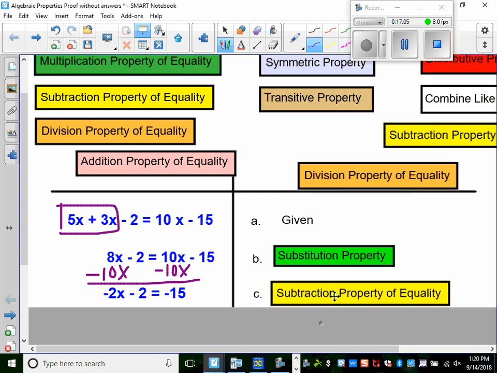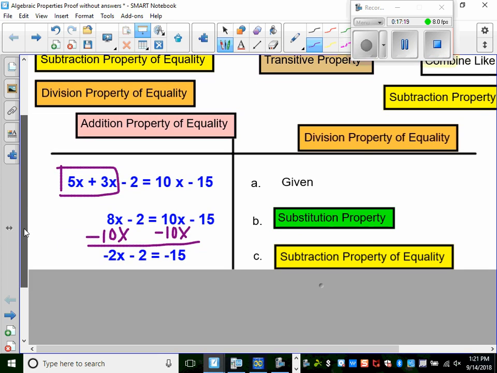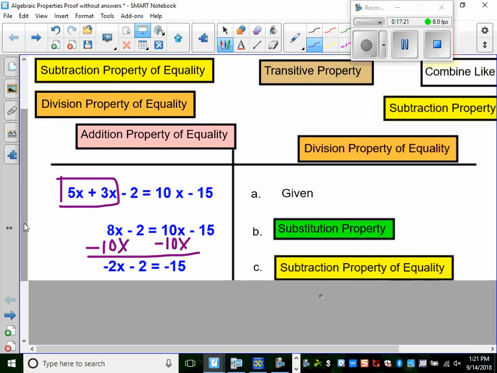Subtraction property of equality. Okay, because we are subtracting. If you subtract something from both sides, it's subtraction property of equality; if you add something to both sides, it's addition and so on. Okay. All right, so that is the subtraction property. That's what gives us the justification here.